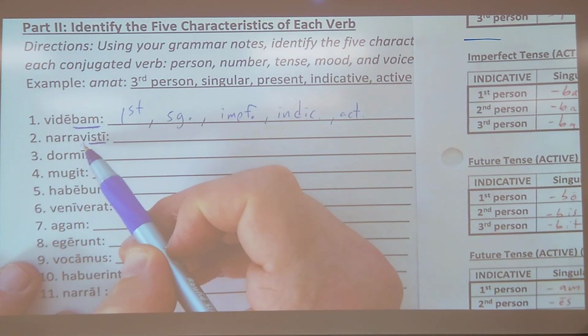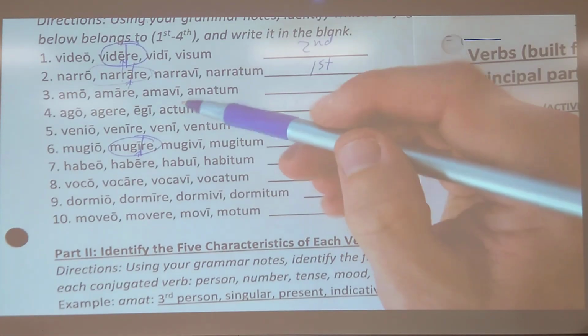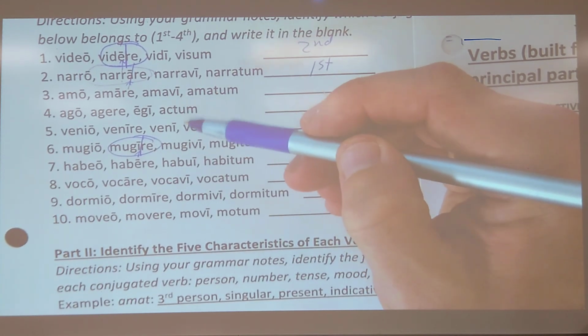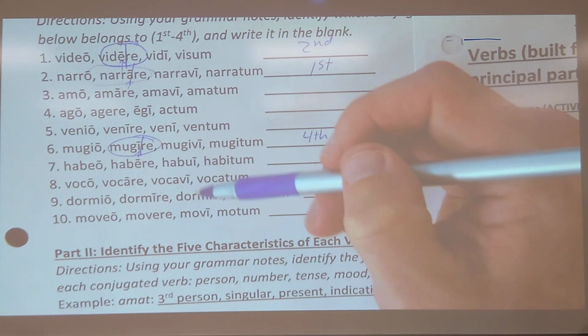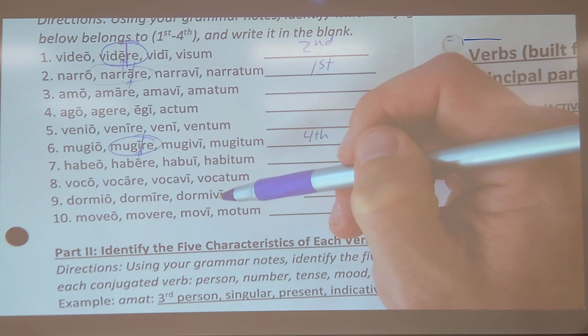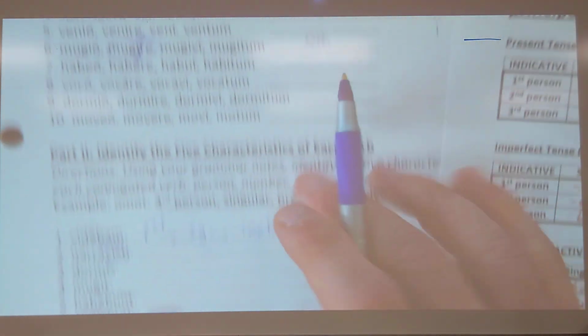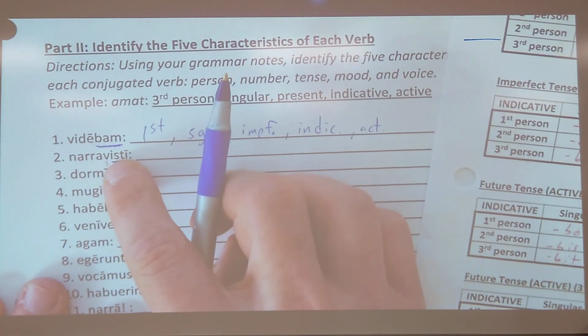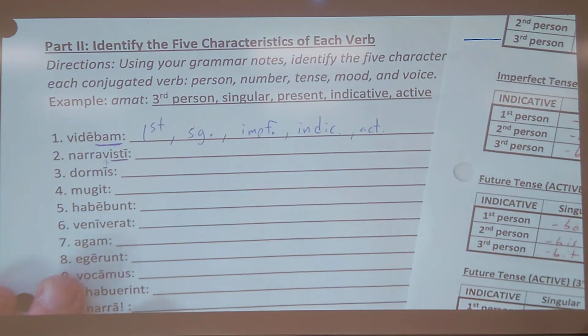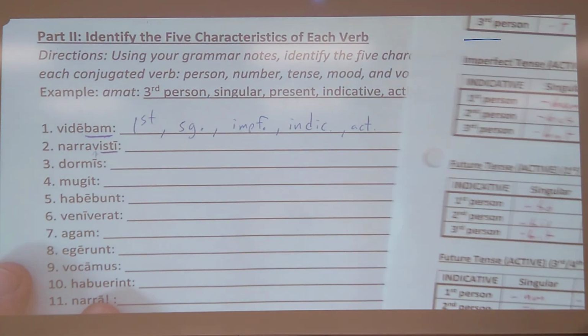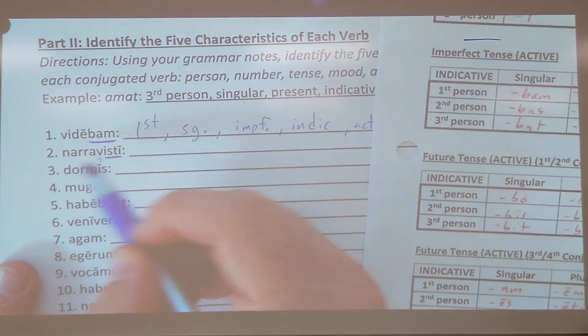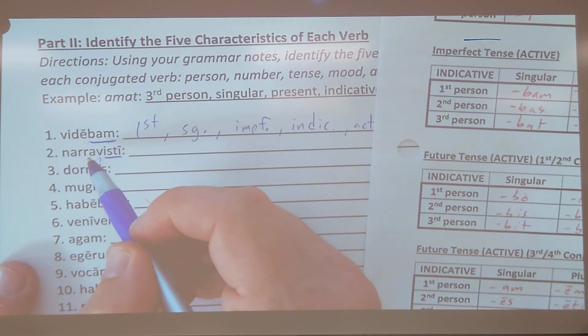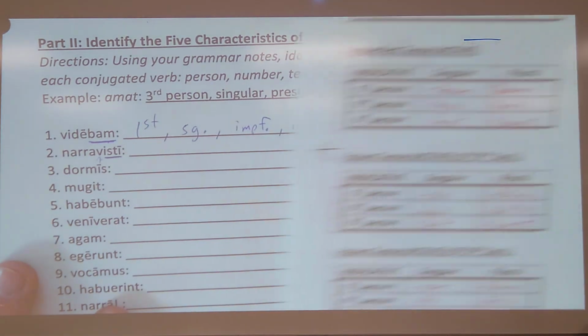And if we look back, so narawisti here, as you can look up here and notice, on the third principal part for a lot of verbs, you cut off the ending and you have a V. So that was kind of my clue as I was looking at this word that isti is probably our ending. Okay, so we have that ending, we've identified it. Also, if you notice by now, this is the perfect stem. So we're in the perfect system here.